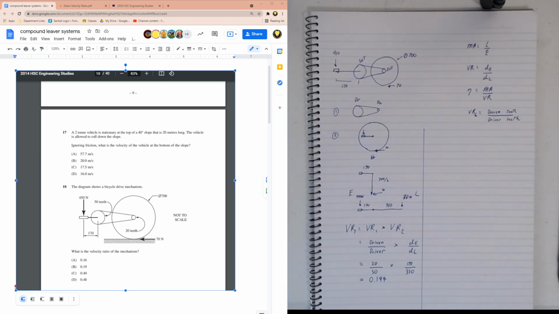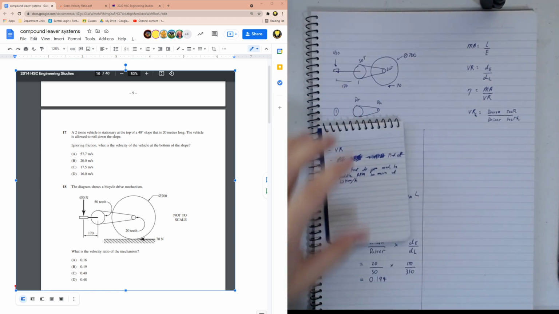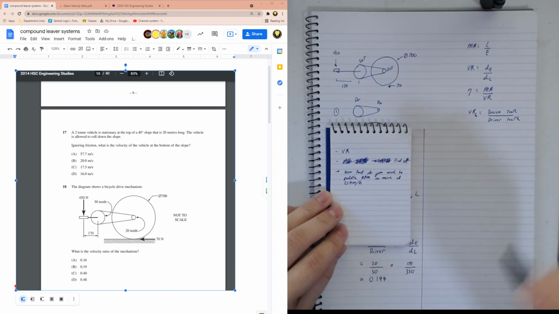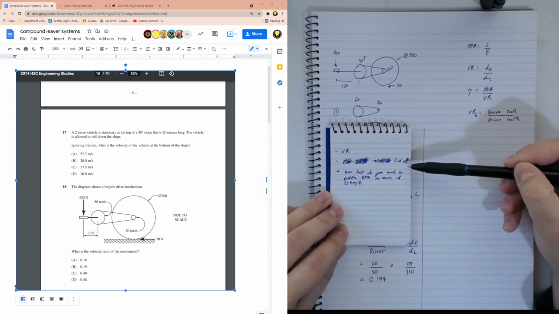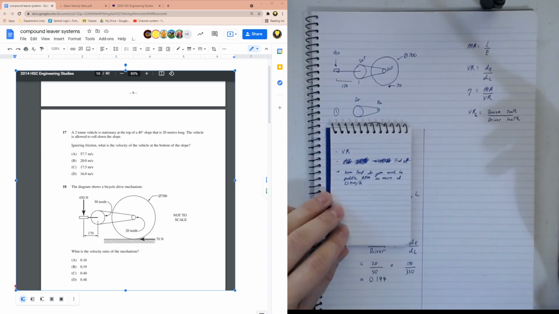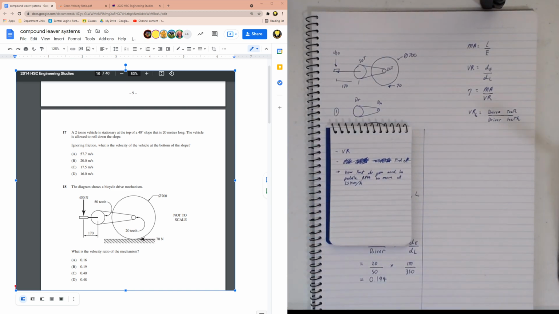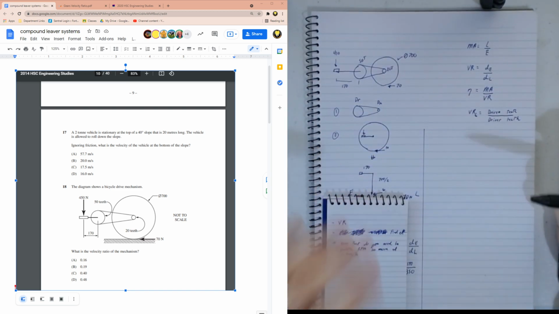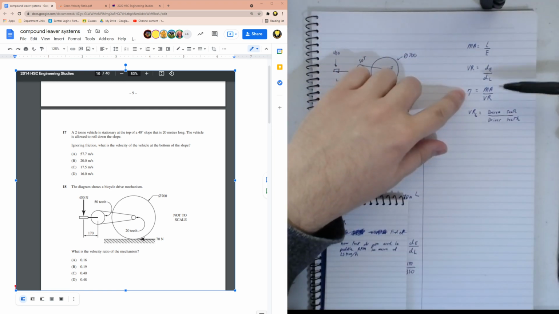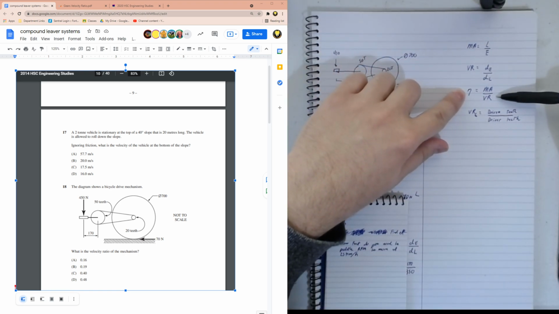Alright, the next part of the question is not part of the multiple choice question, but is an extra engineering question. We want to find the efficiency of this particular system. In our formulas, we have efficiency equals mechanical advantage over VR.